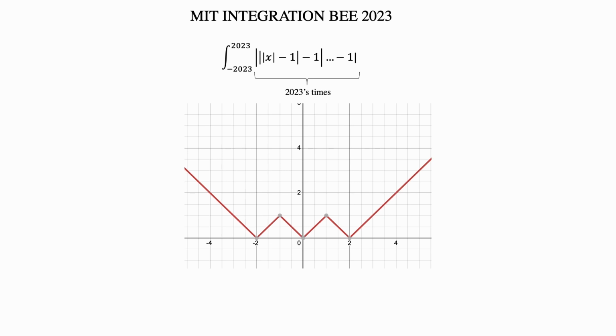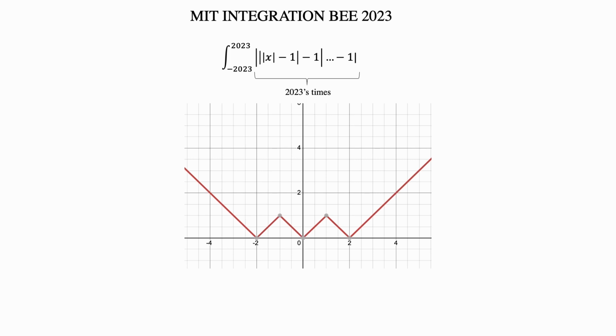And you can see the base of this triangle is 2 units, height is 1 unit, and you are doing it from -2023 to 2023, which means in this range I'm going to get exactly 2023 triangles, because the base is 2, so it's going to cover half of this range.